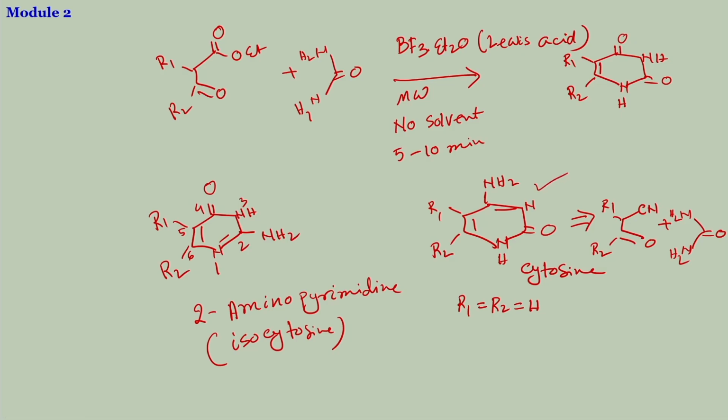Now the variations and the unnatural one, this is mostly unnatural isocytosine derivatives. Many of the medicines have this kind of component in the total molecular structure. So you can manufacture this by cleaving here and here.